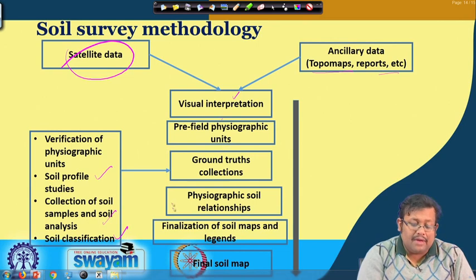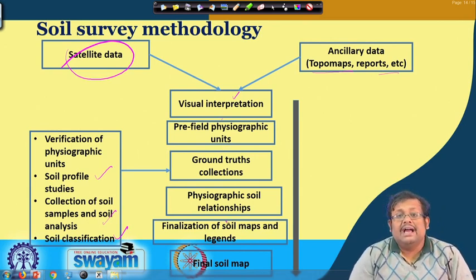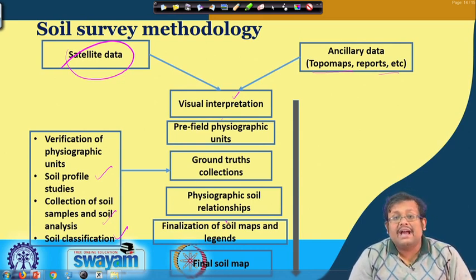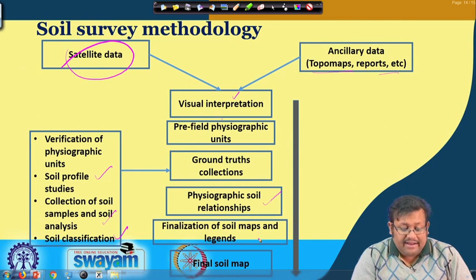We need to actually go to that area and collect some soil samples so that we can verify whether we are correctly identifying the properties of the soil for that point. Once we do that, we develop the physiographic soil relationship, and finally the finalization of the soil maps and legends, and ultimately producing the final soil maps.